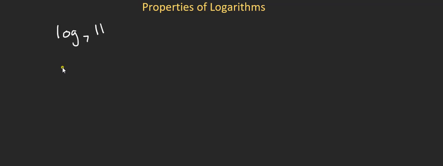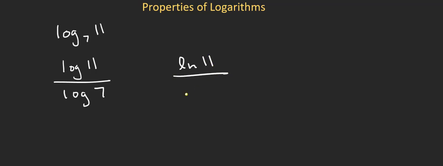You could write base 10, so you could say that this is the same thing as log base 10 of 11 over log base 10 of 7, which is the same thing as natural log of 11 over natural log of 7. And both answers will be approximately 1.232. You could check with your calculator.